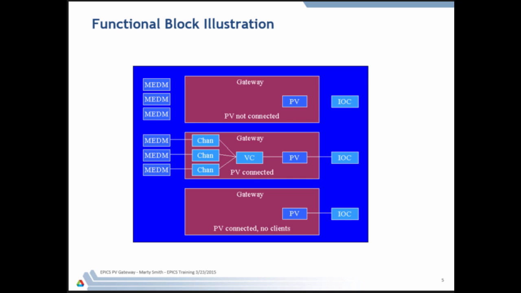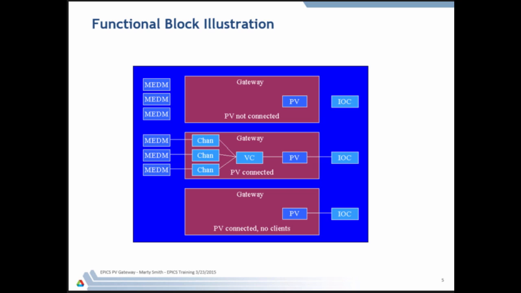Once MEDM connects, sends out a search request and gets that connection, the gateway actually has to go out and do a search on the other network, and the IOC has to tell the gateway, hey, I'm the one who has this. Once this happens, then the channel in the gateway is connected to this virtual connection.